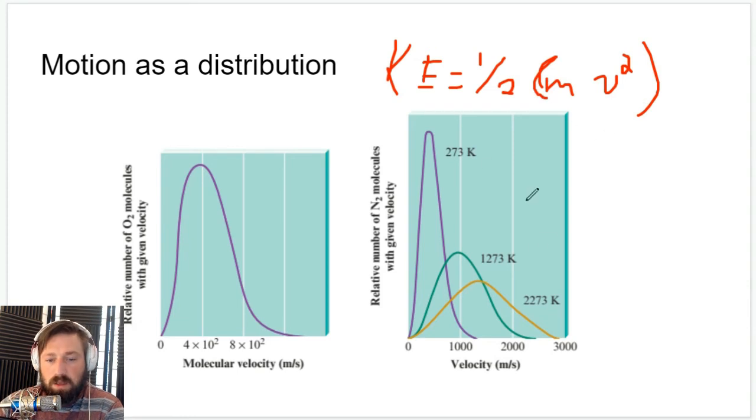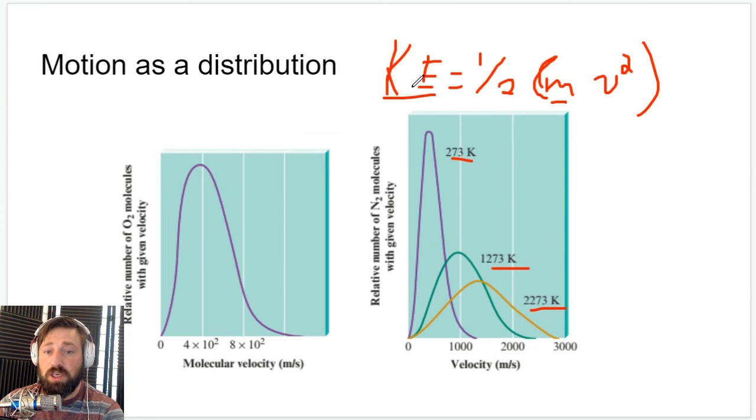Okay, so here's the thing. We have the same sample of nitrogen, which means that the mass is not changing at all. But we said that we are increasing its temperature. We're increasing its kinetic energy.